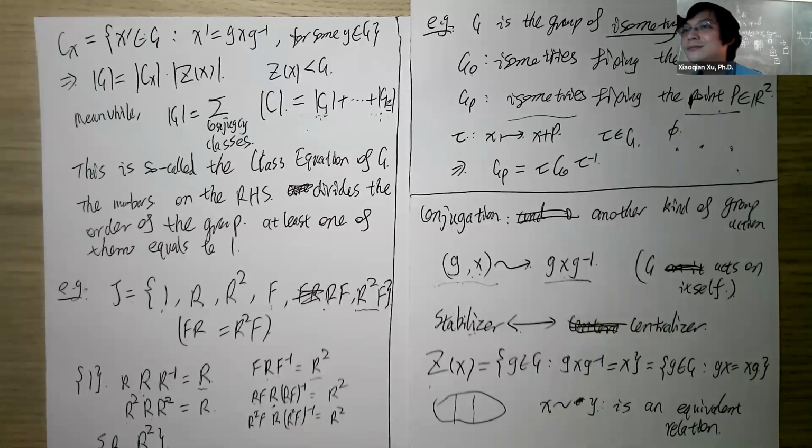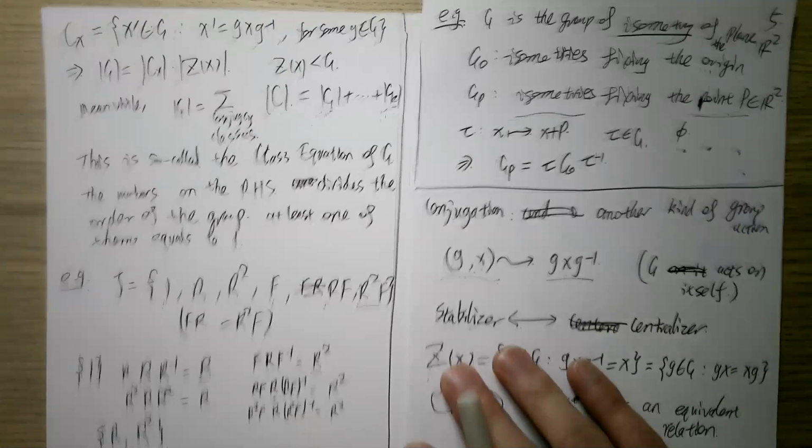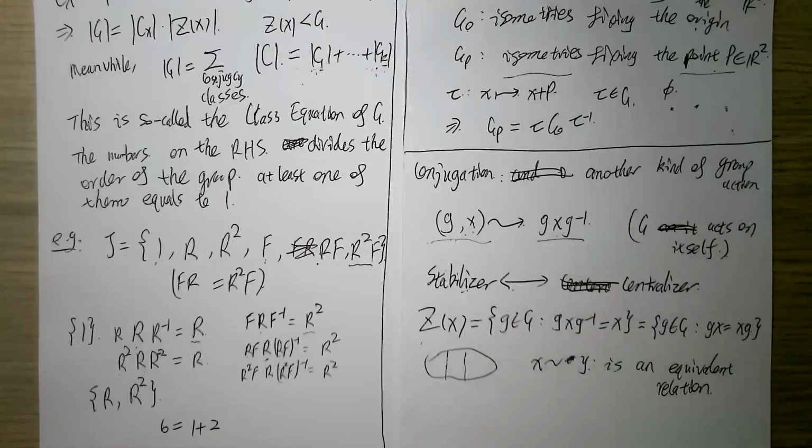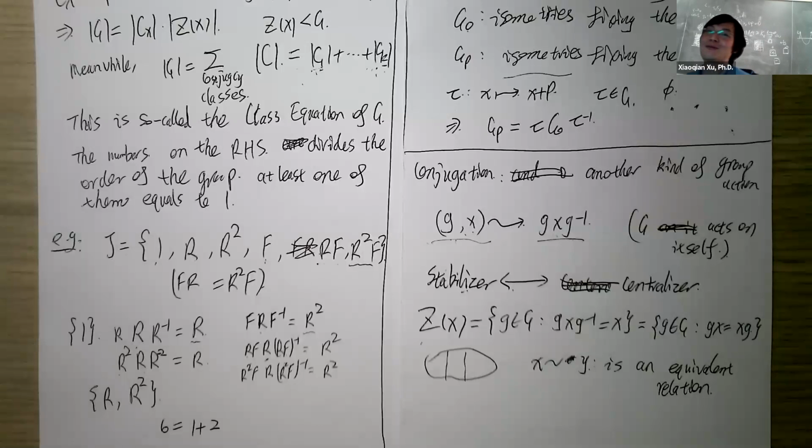So the composition could be 1 plus 1 plus 1, or 1 plus 2, or a 3, right? Now the question is whether it is possible to have 1 plus 1 plus 1 or 1 plus 2.